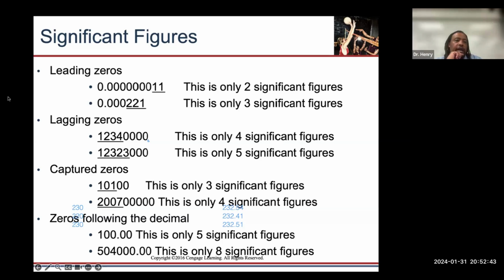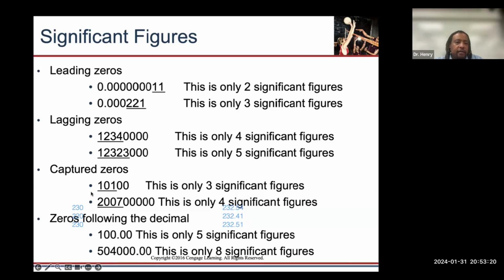But if we don't have that decimal point there, those zeros are non-significant. It doesn't change the value. This is still 12,340,000, not 1,234. Those zeros are necessary for writing its true value, but they're not significant. And so here we have 5 significant figures.